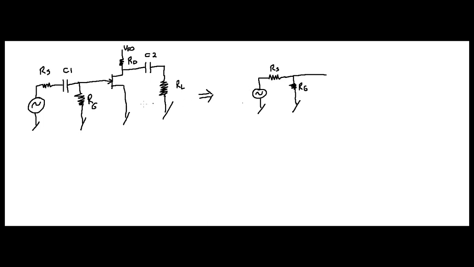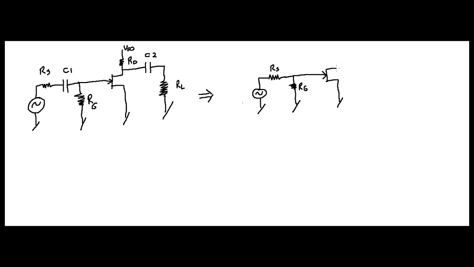Notice we got rid of the capacitor there, that input capacitor C1. We're going to draw your FET. Here we go. Now your source is going to come down here, be connected to ground.